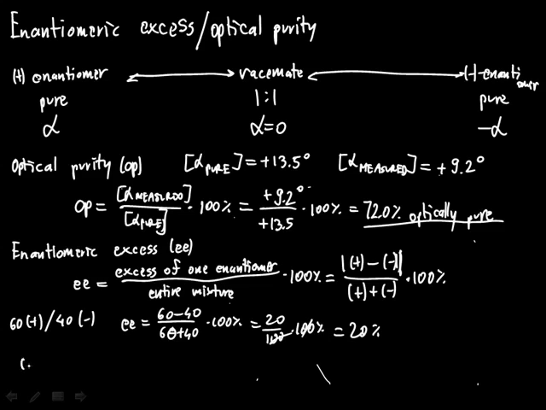Now, since enantiomeric excess equals optical purity, we can also calculate the observed rotation. So if, say, the alpha of pure enantiomer is plus 13.5, then we can get our alpha measured of this specific mixture by multiplying this alpha of pure enantiomer with the enantiomeric excess, and this will be 20%.